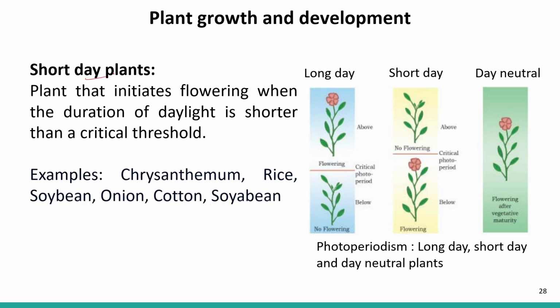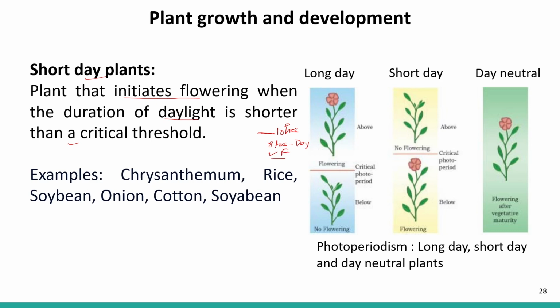Now let's talk about the short day plants. It is the opposite of long day plants. These plants initiate flowering when the duration of the daylight is shorter than the critical photoperiod. Again, if the critical photoperiod is 10 hours, the duration of the daylight should be less than this. If 8 hours of daylight is given, then only it will flower.